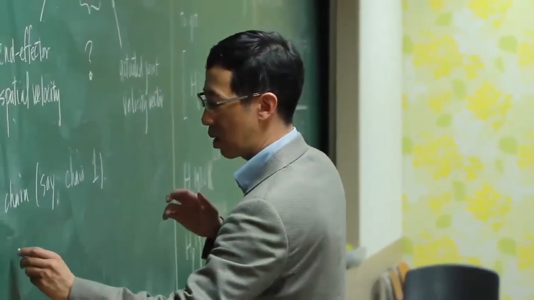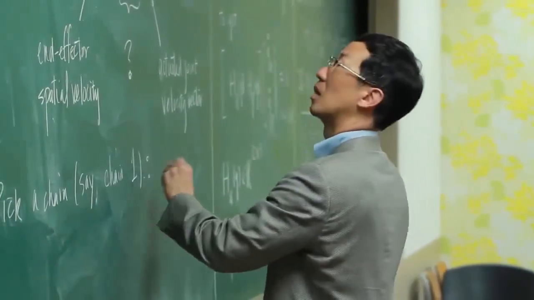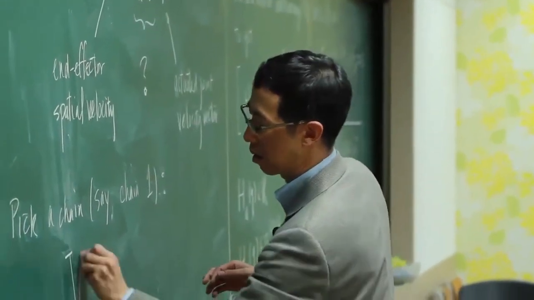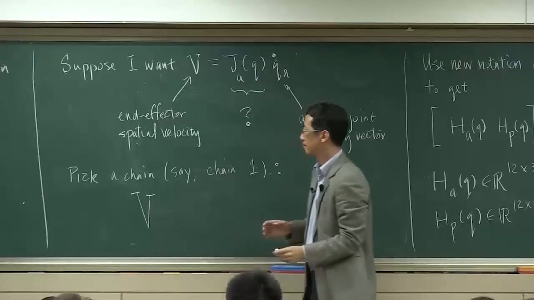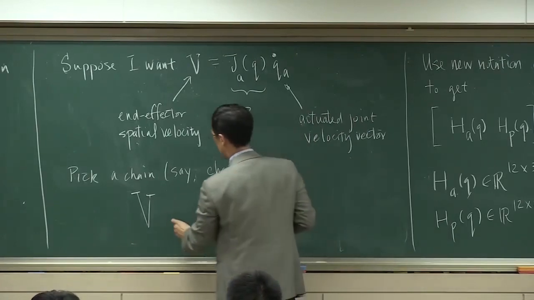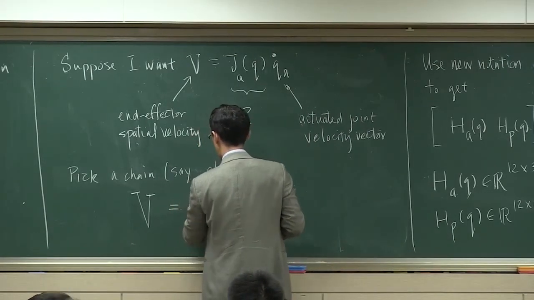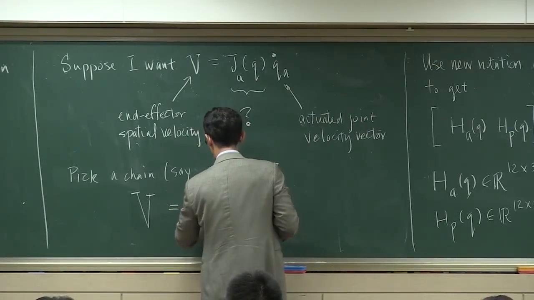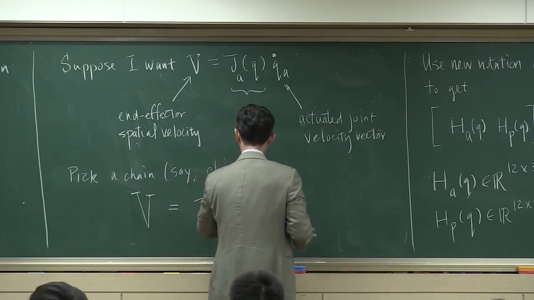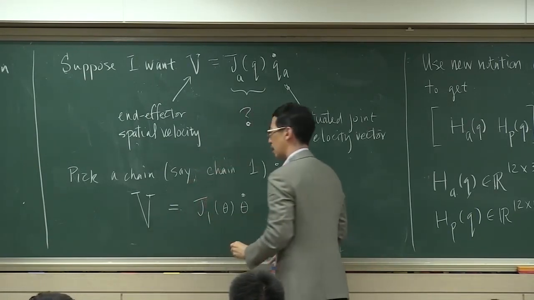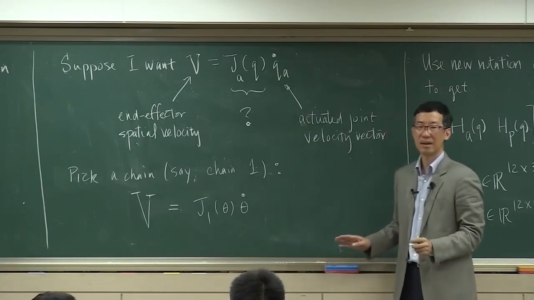So we can write this v, spatial velocity, V is equal to J1 of theta, theta dot.